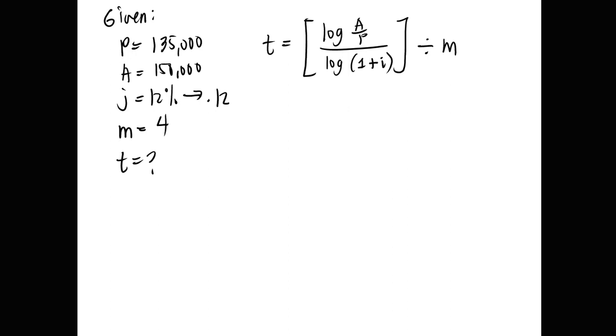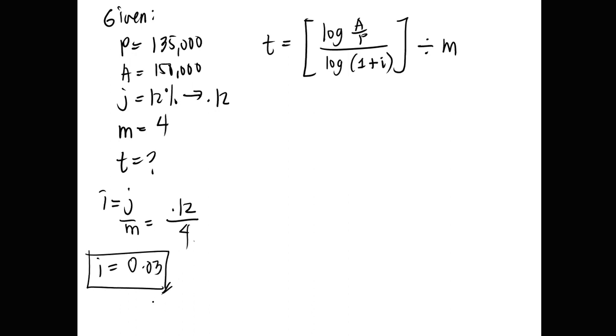So we have A, we have P, we have M, but we do not have I. So let's solve for the periodic interest rate, which is I. Formula is J divided by M. So J divided by M, our J is 0.12, and then our M is 4. So 0.12 divided by 4, we have I is equal to 0.03.